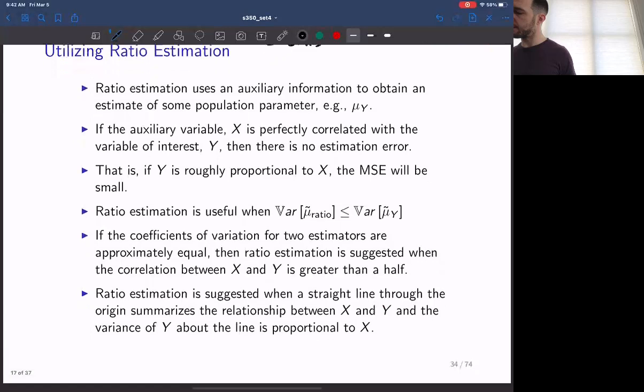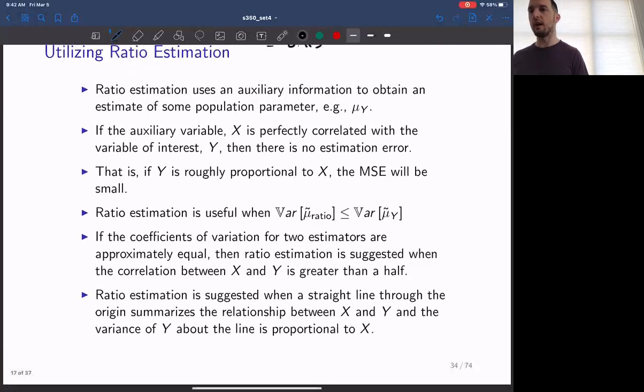Okay, so ratio estimation assumes that there's a linear relationship between x and y, and that relationship travels through the origin, which basically just means you have a line of best fit, but the intercept term is zero or not significantly different from zero. We can have situations where we have an auxiliary variable, but the linear relationship between the auxiliary variable and the variable of interest is linear, but does not pass through the origin.